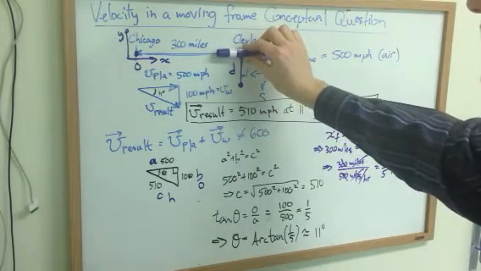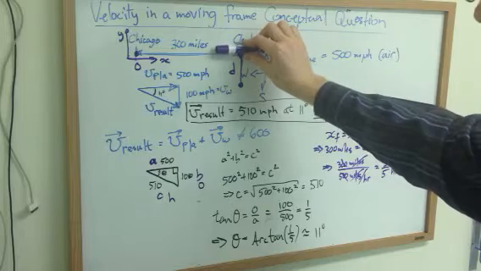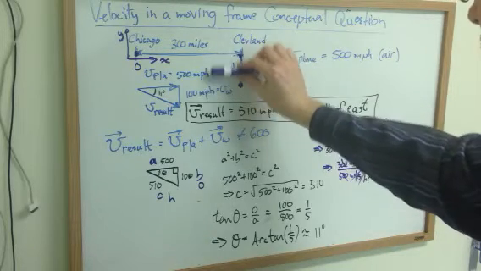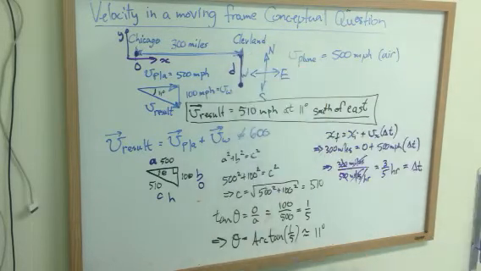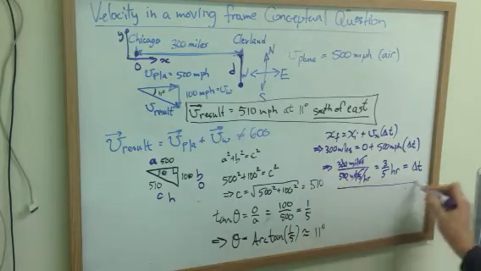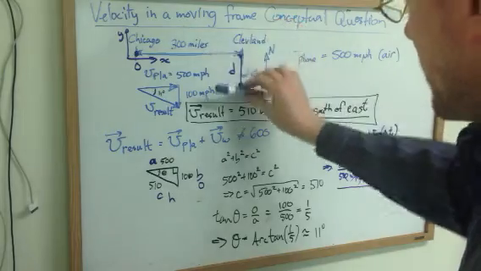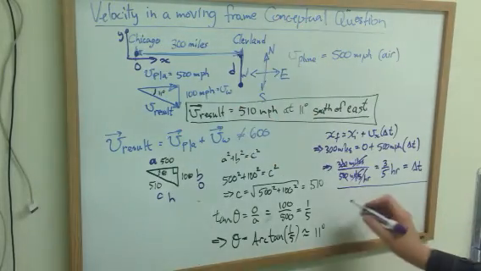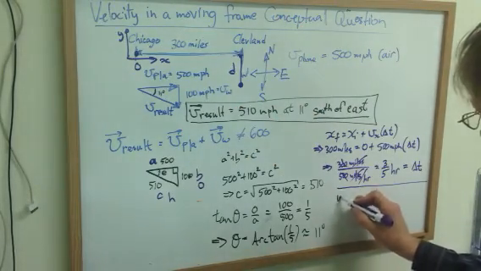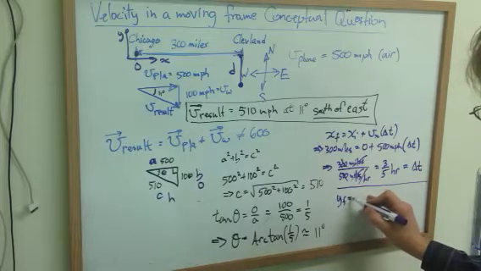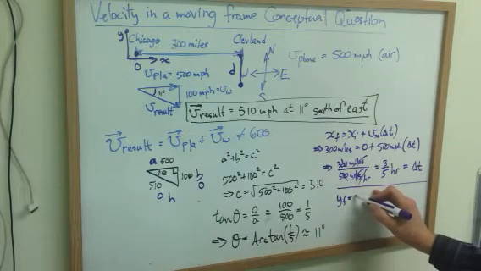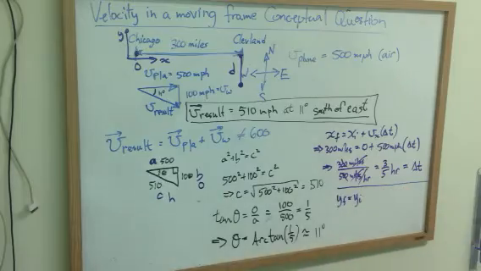thought Cleveland was. But during that time, he was blowing south. And he's blowing south for 3/5 of an hour, and the wind was blowing south at 100 miles per hour. So his final position, y final, is equal to his y initial, which I'll call 0.